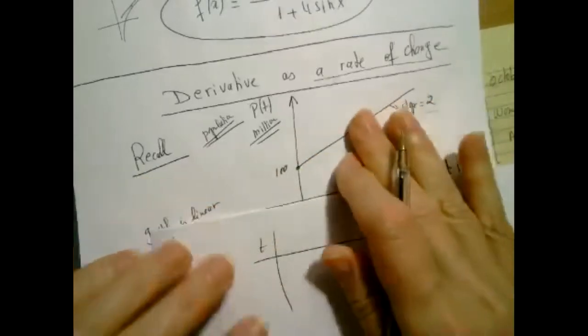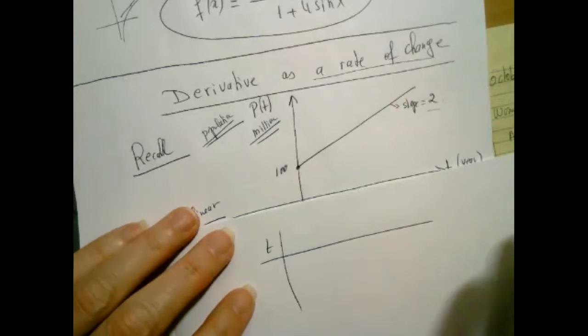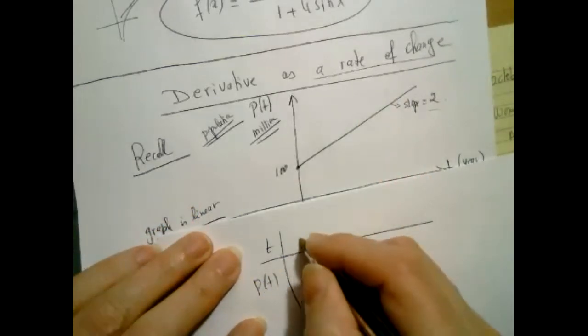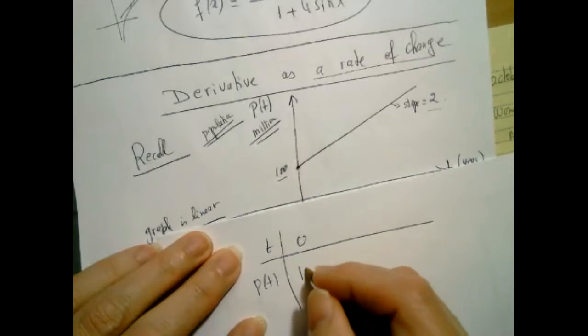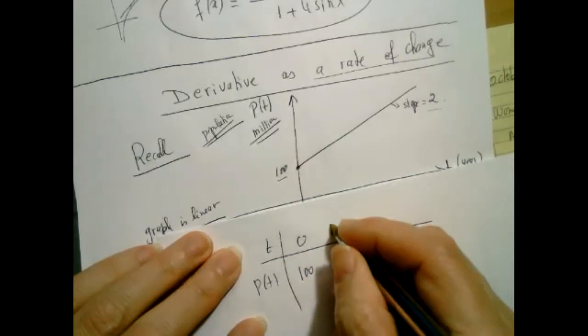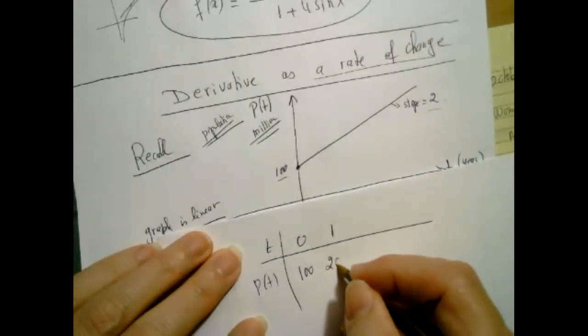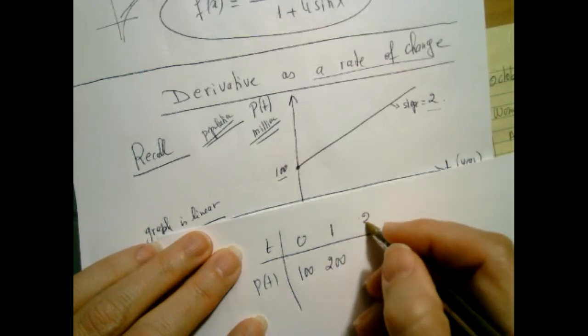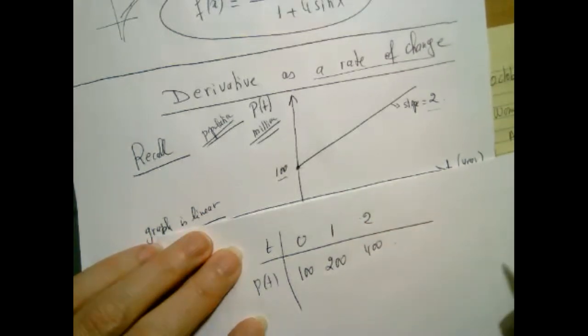So this is T, and this is the population. If at 0, according to my graph, it is 100, after 1 year, if it doubles, it's 200. If it doubles every year, it means it's going to be 400. Is this how the population is behaving?